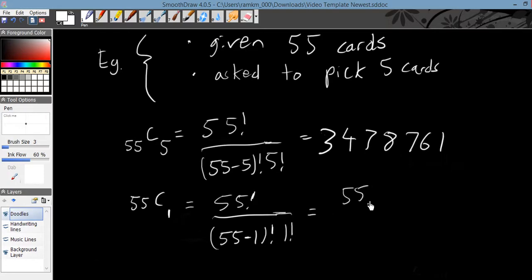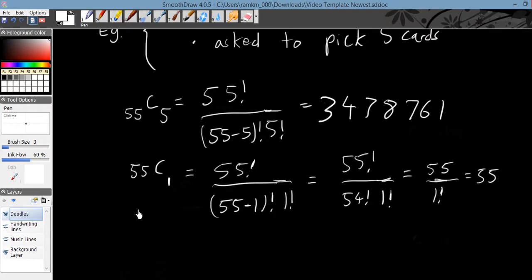That's 55 factorial over 54 factorial times 1 factorial, and hopefully you can see that 55 factorial over 54 factorial is just 55, divided by 1 factorial, which is just 1, so that's 55. This should make sense because if you're picking sets of 1 card, you're just picking 1 card, and there are really 55 ways to do that because there are 55 cards in the stack.